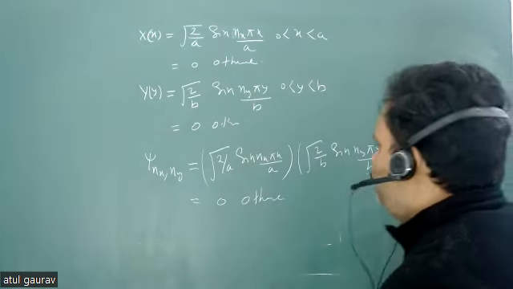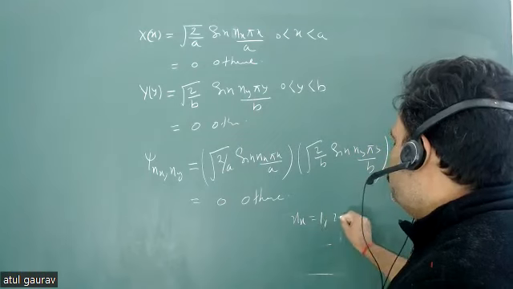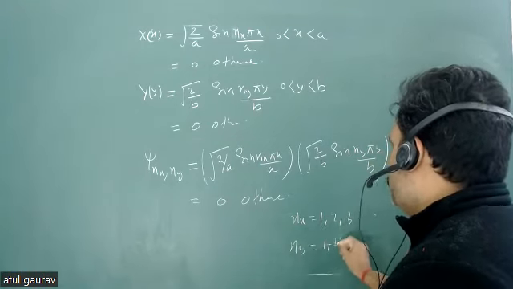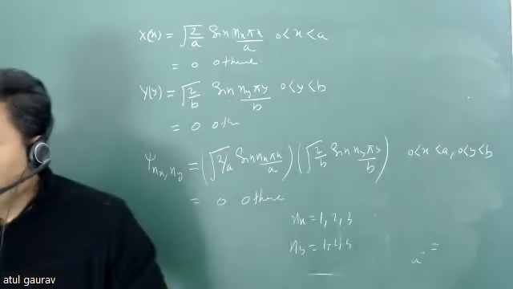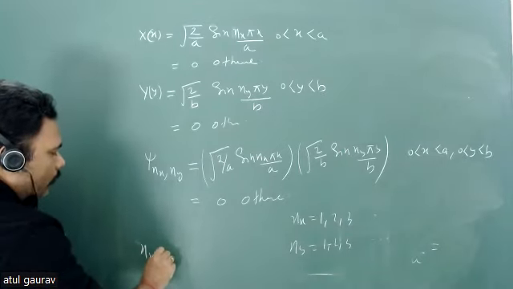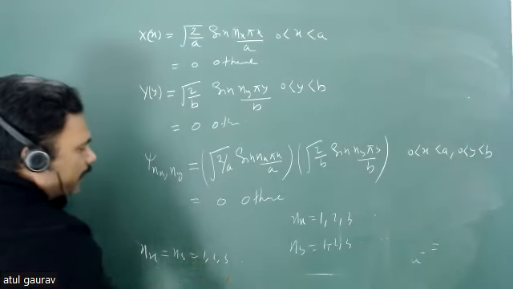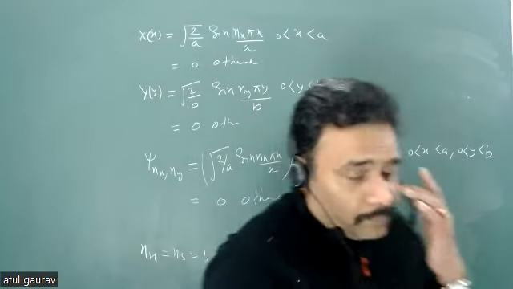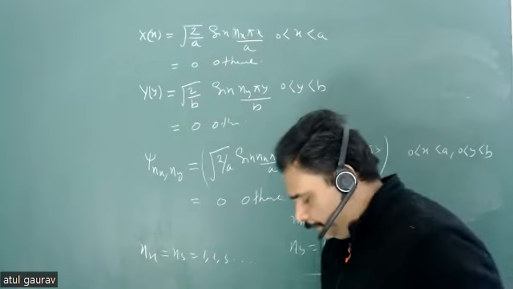Now what is the value of nx? 1, 2, 3 and so on. What is the value of ny? 1, 2, 3 and so on. Suppose someone writes this nx and ny something like this. Is he correct or wrong? अगर कोई इस तरह से लिखता है तो वो सही है या गलत है?